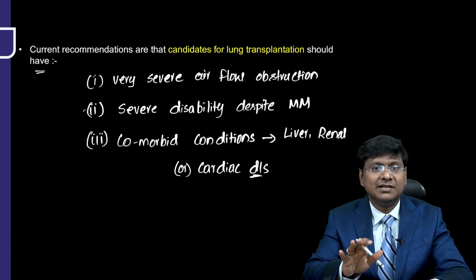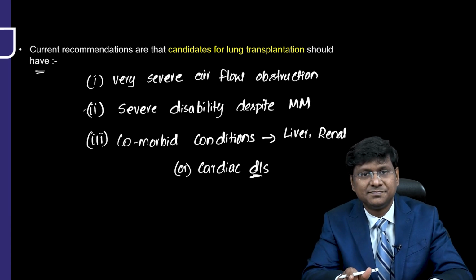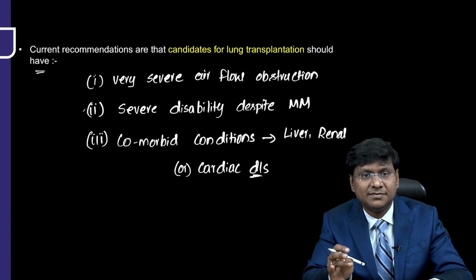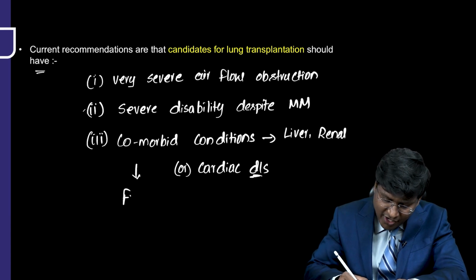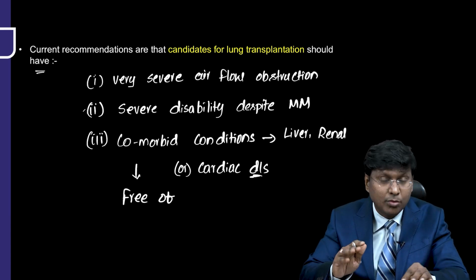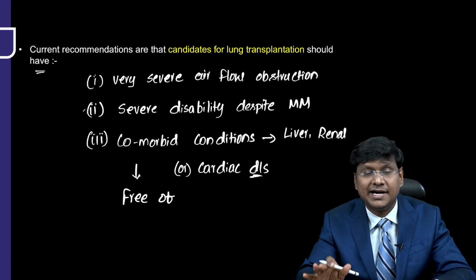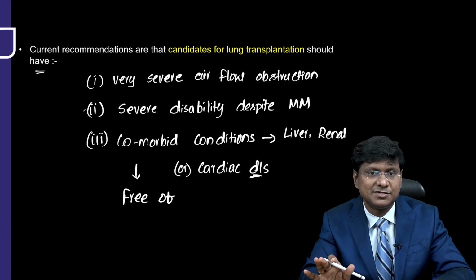So these are the current recommendations or candidates for lung transplantation: individuals with very severe airflow obstruction, severe disability despite maximum medical management, and the individual should be free of these comorbid conditions. They should not have liver, renal, or cardiac disease. They are the candidates for whom you can go ahead with lung transplantation.